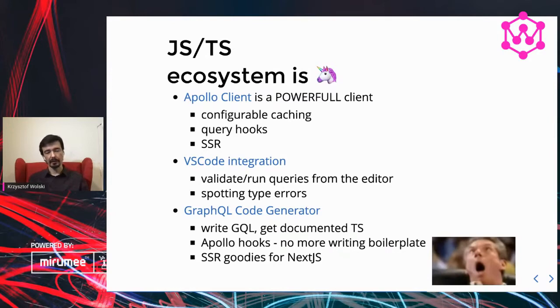And it blew my mind how things look like on the JavaScript, TypeScript part. Apollo client is very easy to use. It's a very powerful client. It has configurable caching. Using query hooks on the front-end part is so easy. And also you can use it on the server part, for example, server-side rendering.